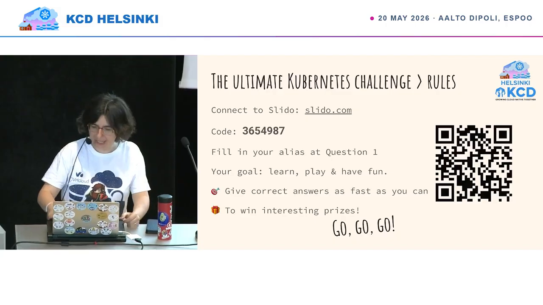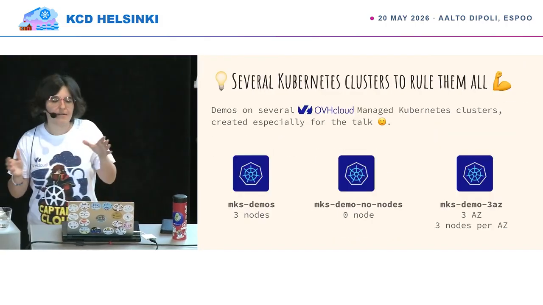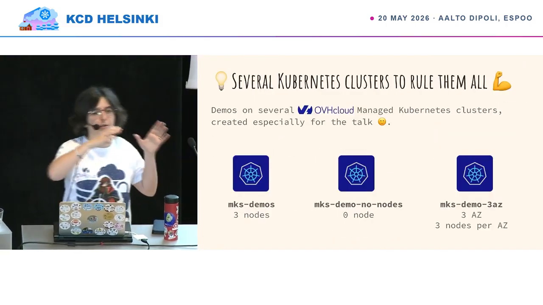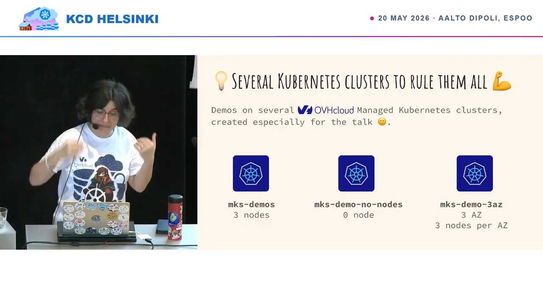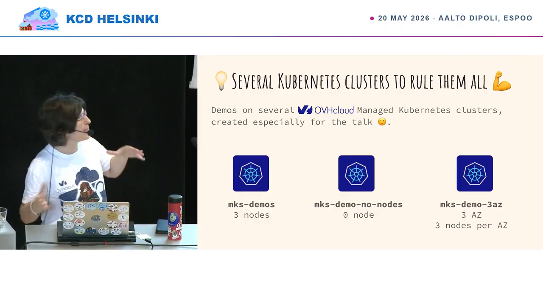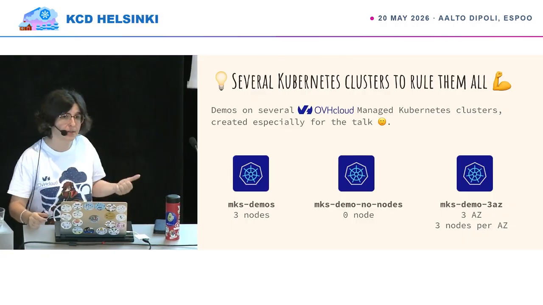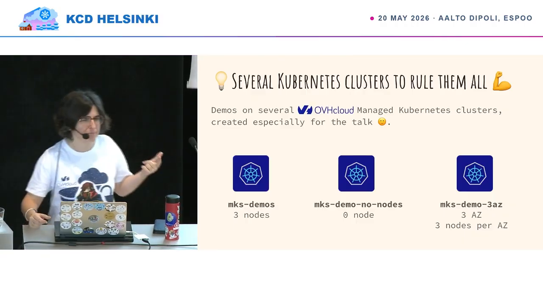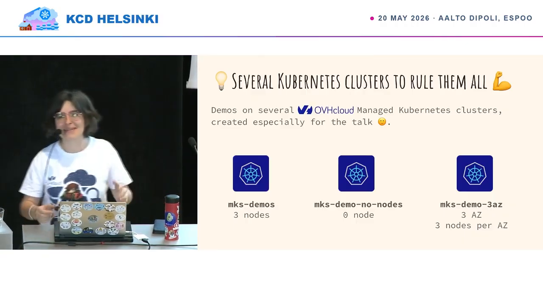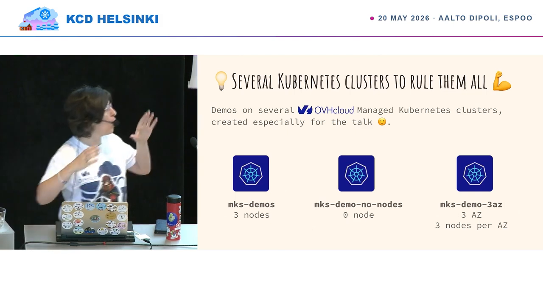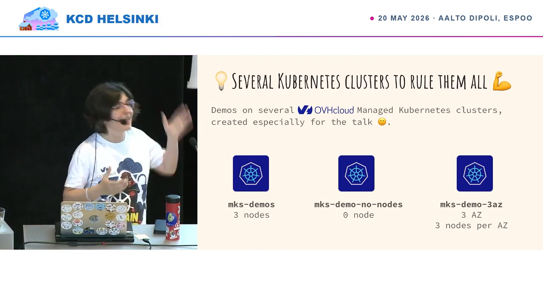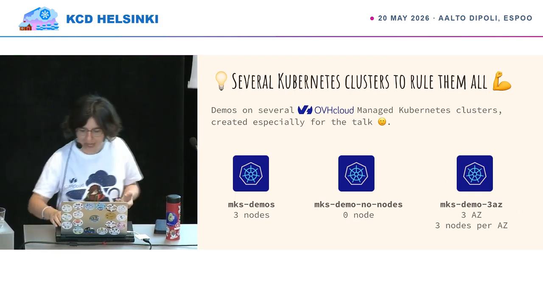Okay. I have created several Kubernetes clusters managed by OVH Cloud, one with 3 nodes, one with 0 node, and one with 3 AZ and 3 nodes per AZ. Okay?